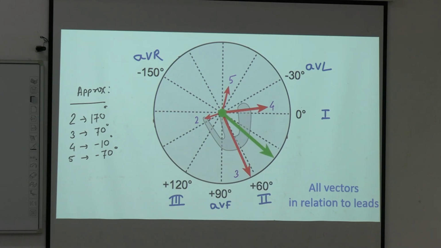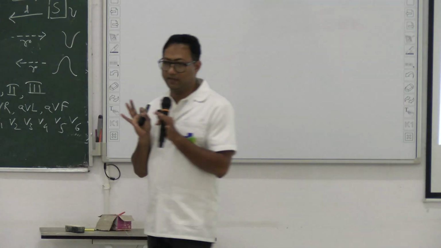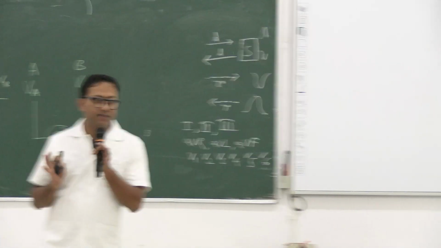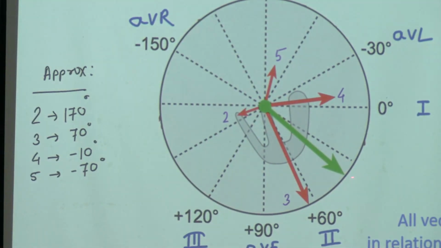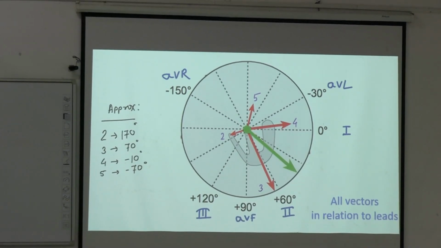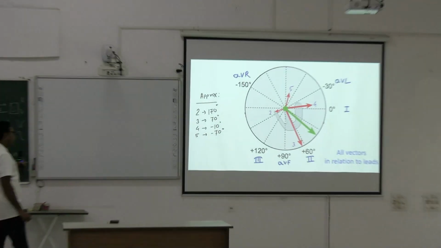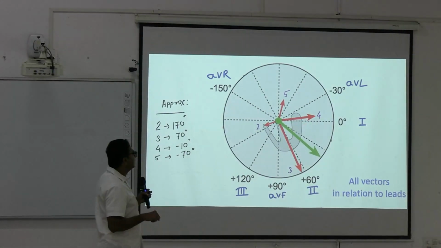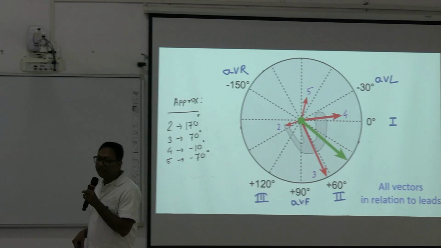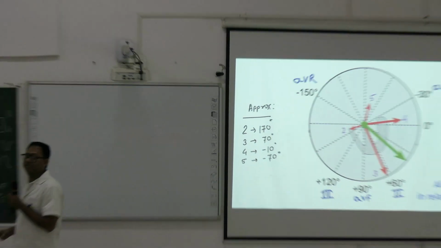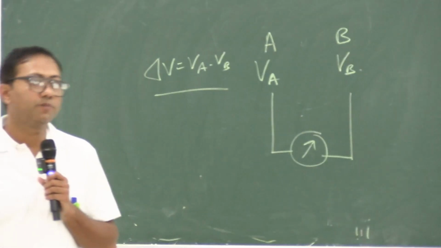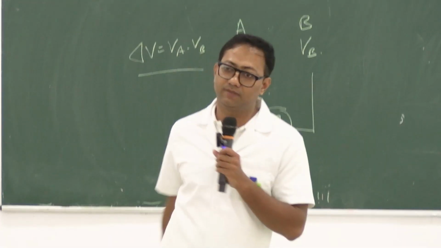Okay. Now, you can see one green color vector over here. 2, 3, 4, 5, all the ventricular vectors, and you see a green color vector. What is that vector? This green color vector is called the mean electrical ventricular vector, or simply mean electrical vector.